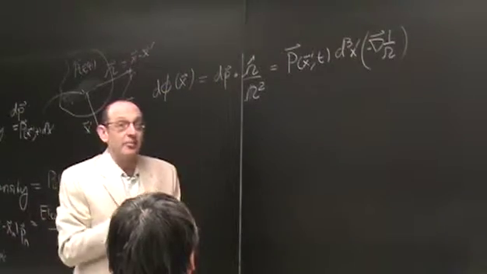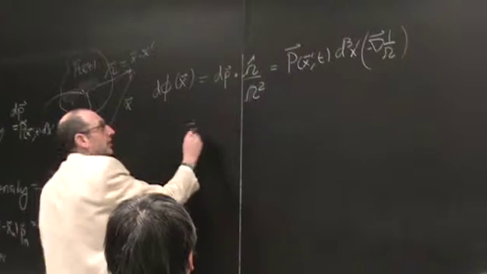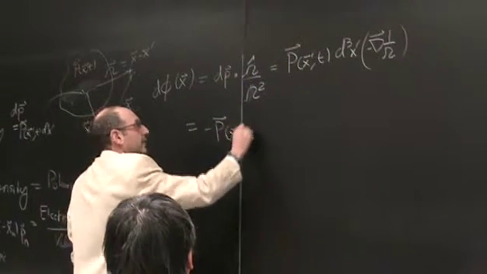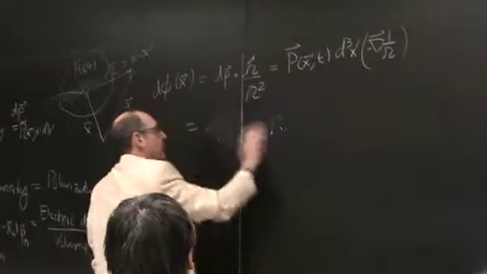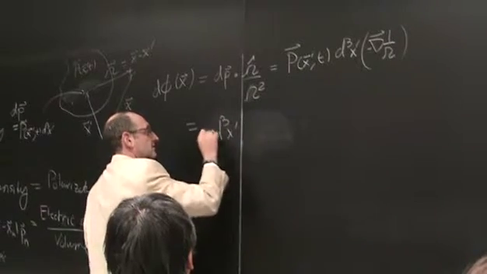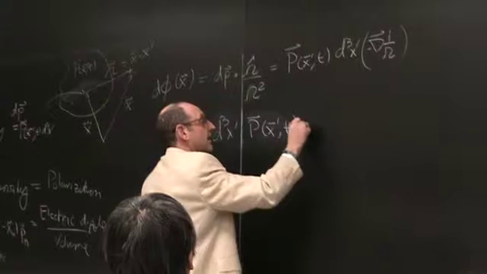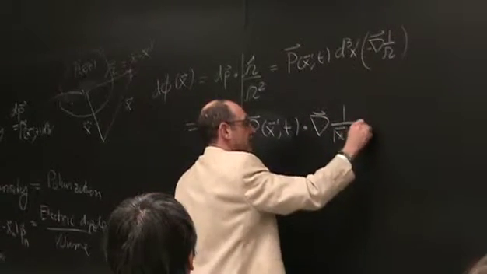That's like the focal point charge, which is equal to minus P of x prime, d cubed x prime out front, and P of x prime and t dotted into the gradient of 1 over x minus x prime.